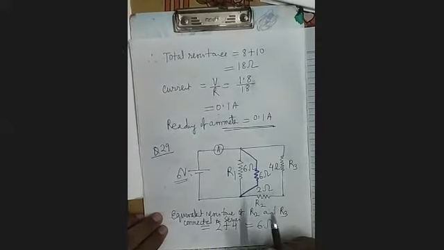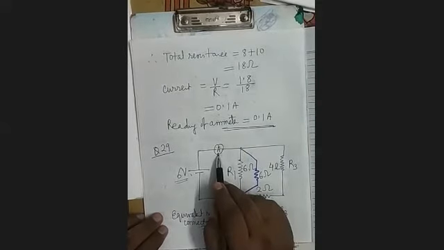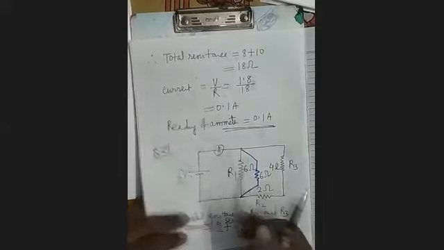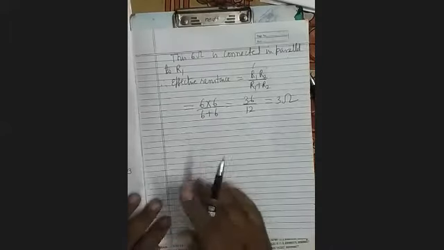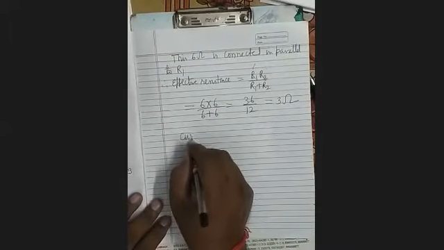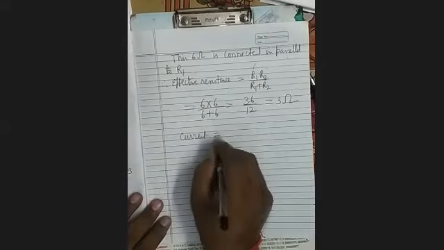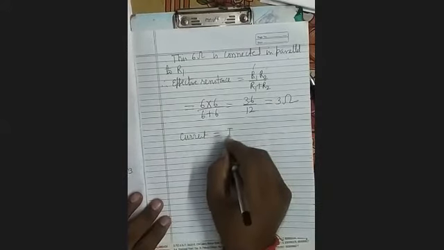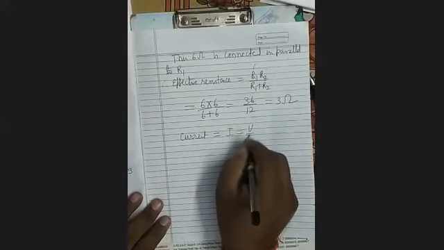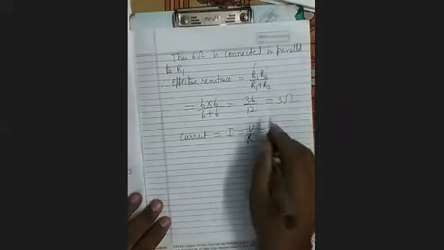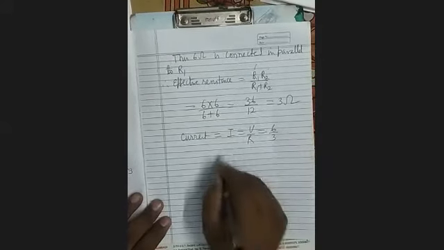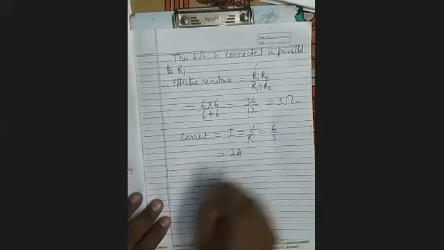Then you have to find the reading of ammeter, means you have to find the current. So what will be current? V upon R. So reading of current I equals V upon R, that is equal to 6 upon 3, that is equal to 2 ampere.